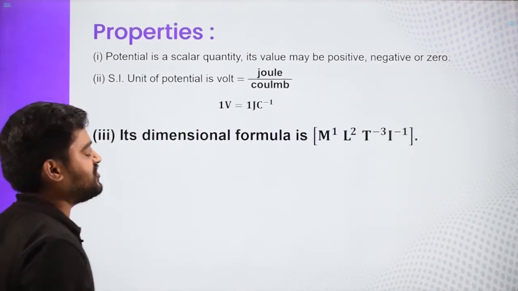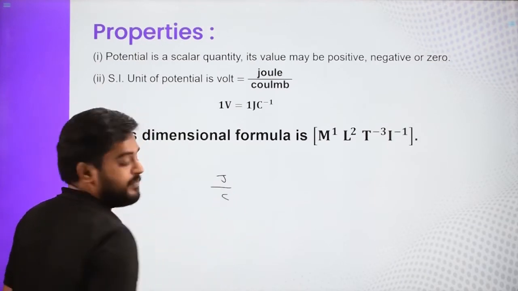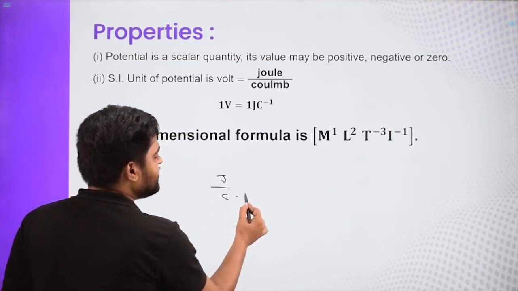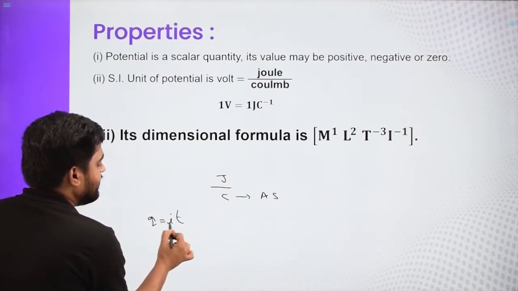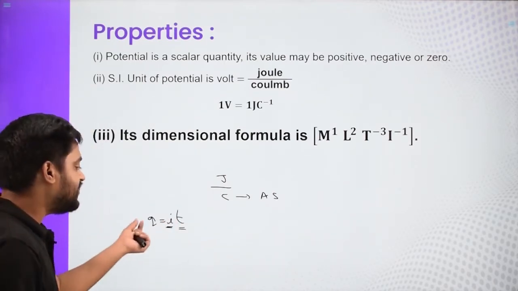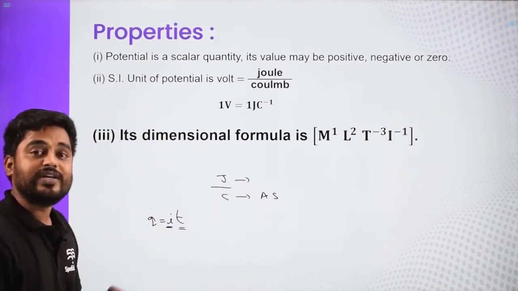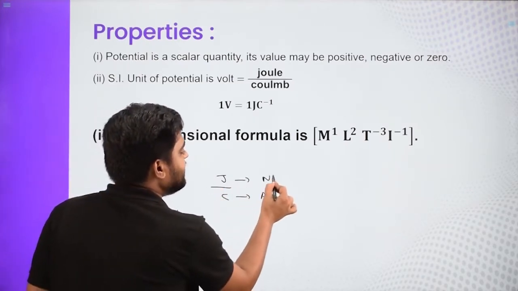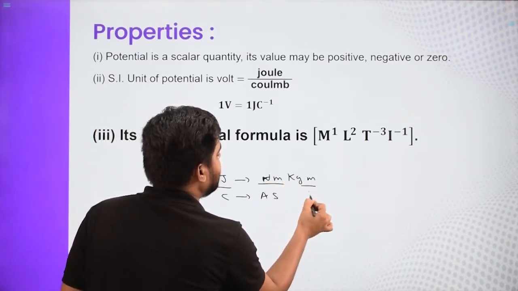Next is the dimension. If we are writing the dimensional formula, then it is joule per coulomb. And now we know that coulomb is charge, so it is basically ampere second. We know that Q is equal to IT, the current into time. Current is equal to charge upon time. So ampere second is coulomb. And what about joule? Joule is work. So Newton meter, that is our work. And what is Newton? Kg meter per second square.